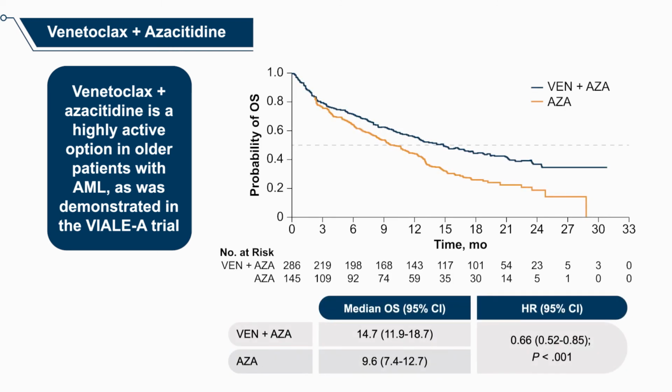And in the VIALE-A trial, they compared patients receiving azacitidine alone with patients receiving azacitidine plus venetoclax. And as you can see, the addition of venetoclax improved the probability of overall survival in the patients treated on this arm as compared to the patients that received azacitidine plus placebo, which are the ones shown in the orange line here.